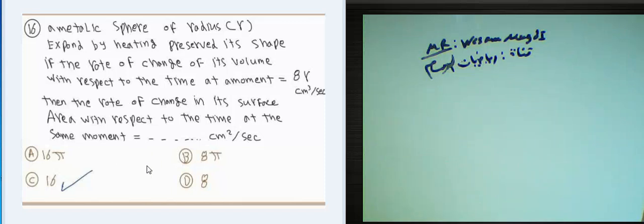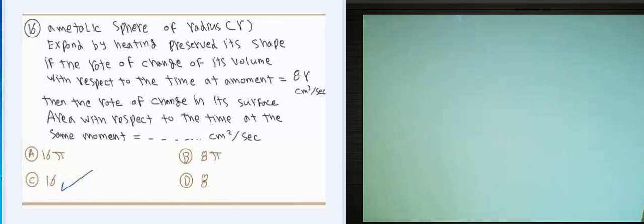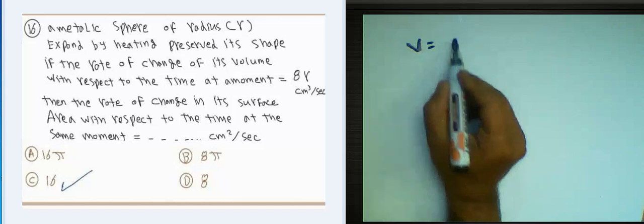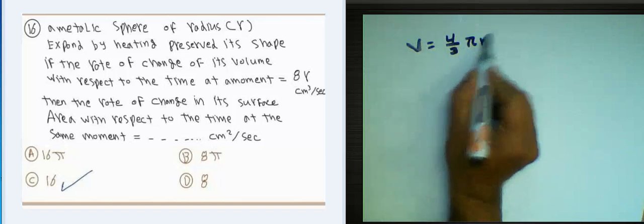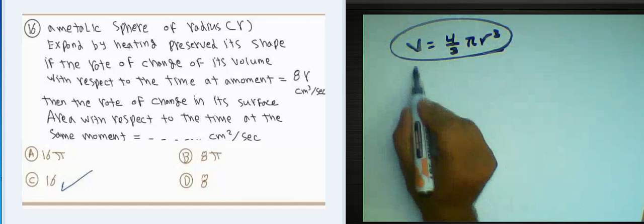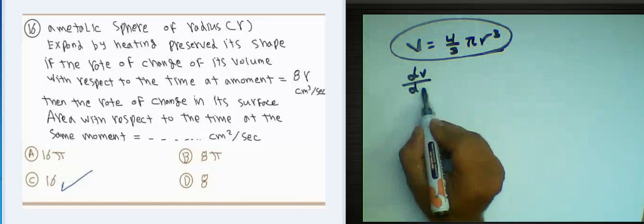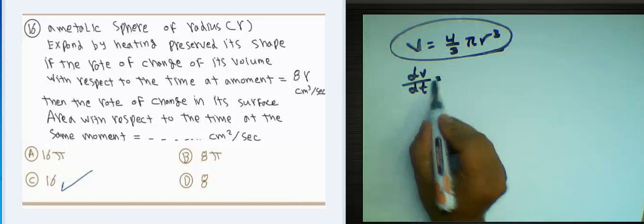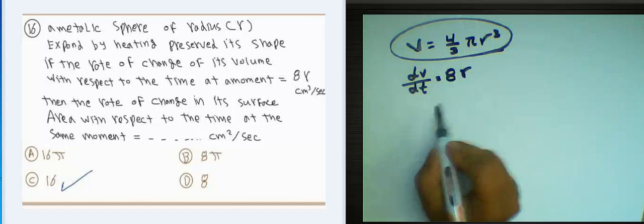Okay, he gives us in this example the derivative of what? The derivative of the volume equals 8r. We know the volume equals 4 over 3 pi r power 3. And they give us the derivative of the volume with respect to time equal to 8r.